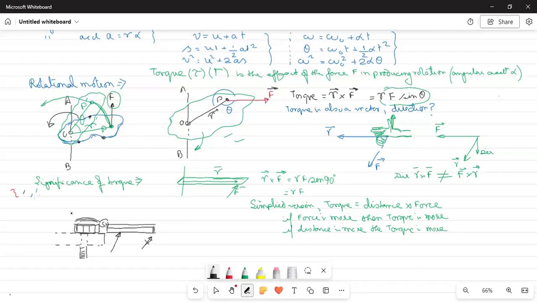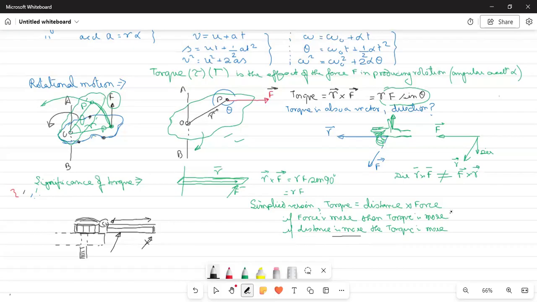So we see when the distance of the force is more, the effect of applying the force in producing the rotation is more. And the other thing is also very obvious. If we apply more force, then the effect of rotation is more.